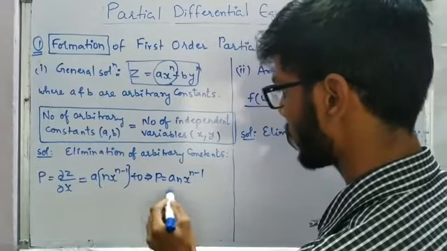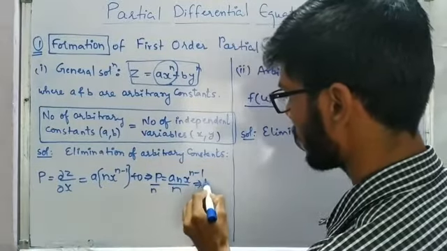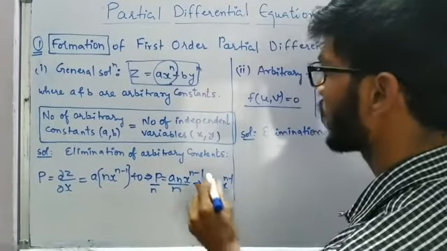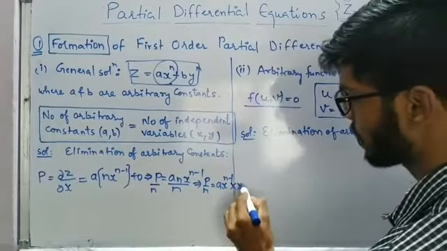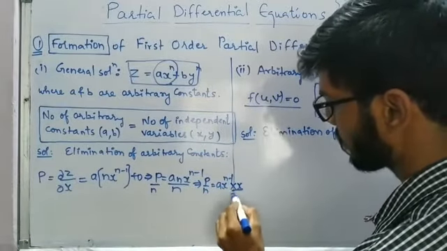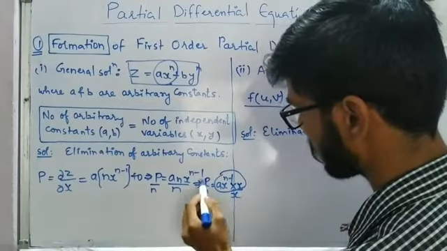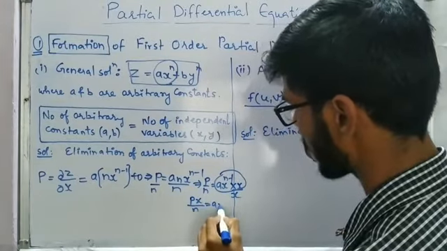First we'll divide by n, so this will become p by n is equal to a into x power n minus 1, and we wish to get terms like a x power n. So we'll divide and multiply by x, and this x will take that side. So this will become p x divided by n is equal to a x power n.